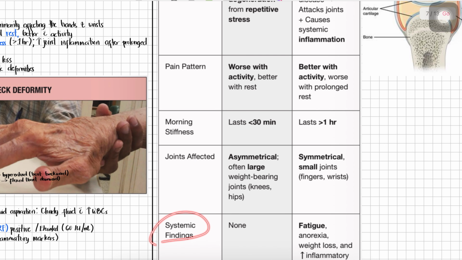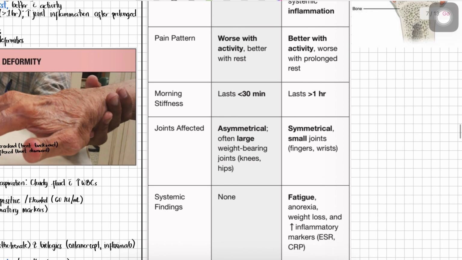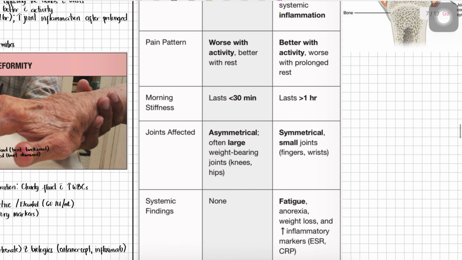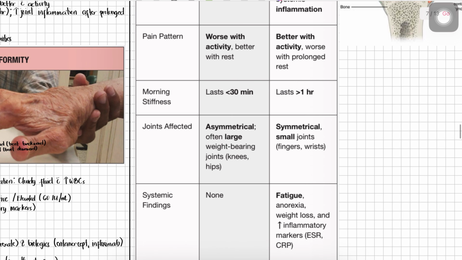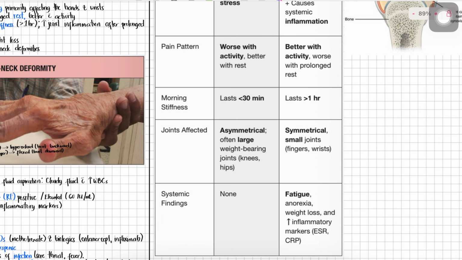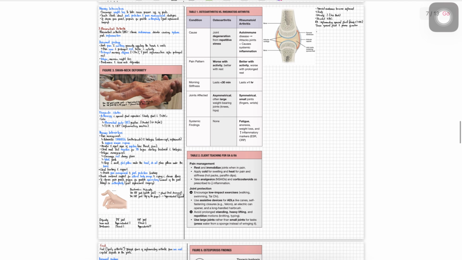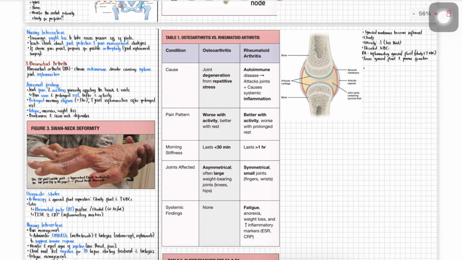Then in terms of systemic findings, kay osteoarthritis, wala, okay? Then kay rheumatoid arthritis, it causes systemic inflammation, okay? So it causes fatigue, anorexia, weight loss, and increased inflammatory markers such as your ESR and CRP, your erythrocyte sedimentation rate, and your C-reactive protein. So increase yan kay RA, guys. And that is all for your rheumatoid arthritis and osteoarthritis. Thank you and God bless.